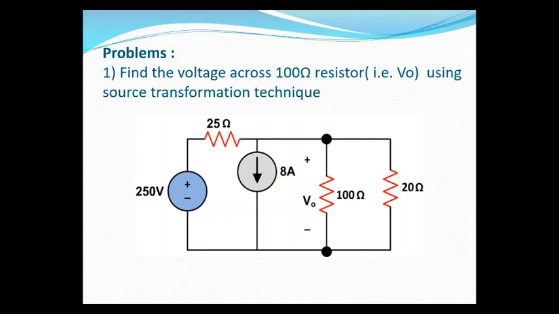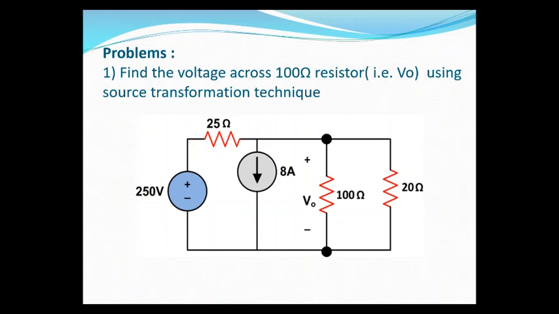The 10 amps is upward, 8 amps is downward. So the net current is only 2 amps in parallel with 25 into 20 divided by 25 plus 20. So the equivalent resistance has to be obtained. So 2 amps is in parallel with the resistance and its terminal impedance is 100 ohms. This is one way of doing this.